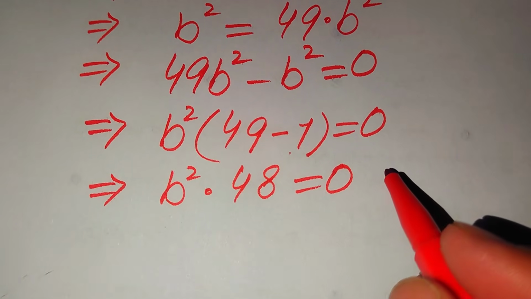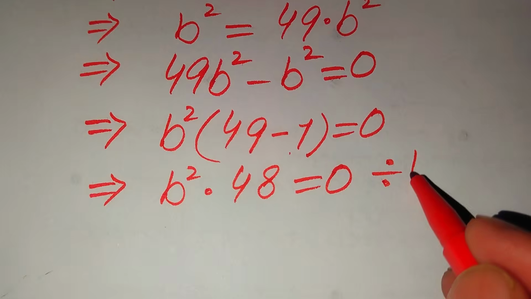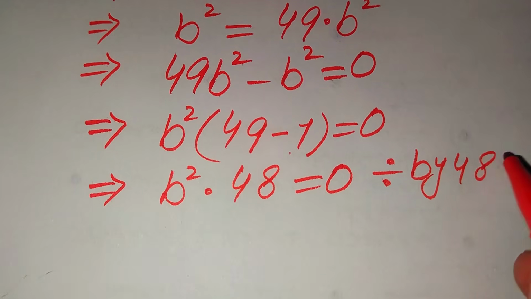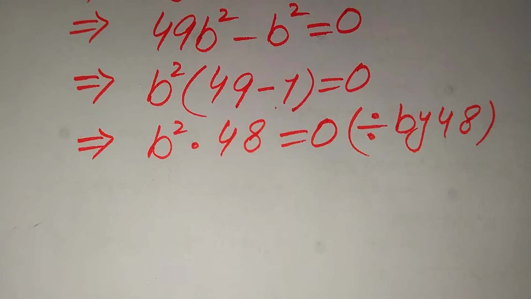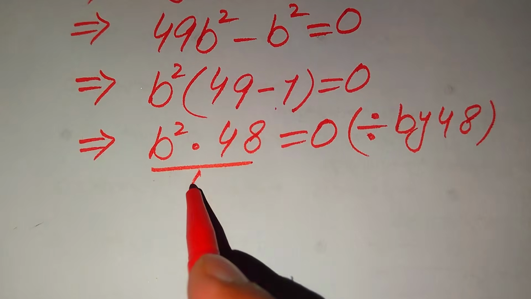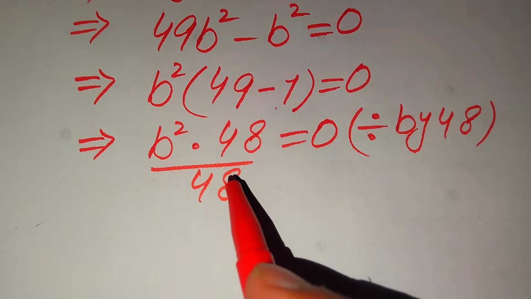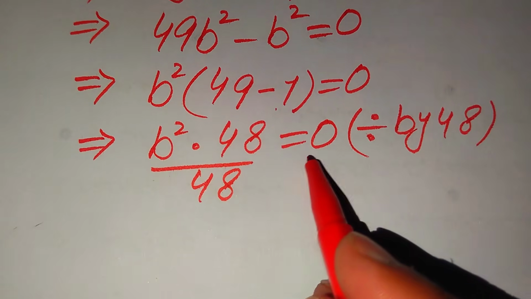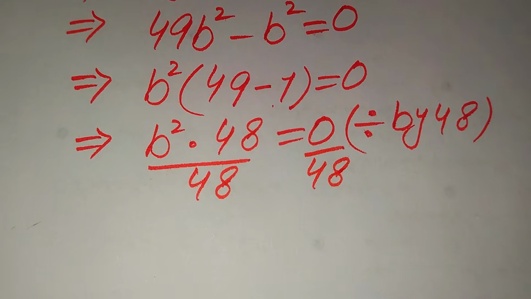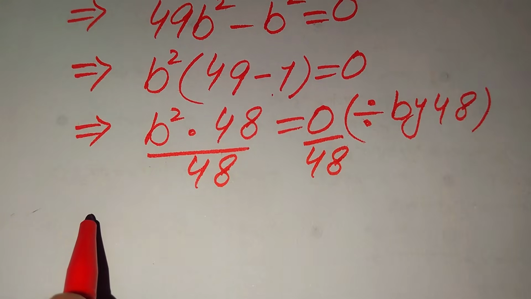Our target is to find the values of b, so for this we divide both of the sides by 48. So b squared times 48 divided by 48 equals 0 divided by 48.